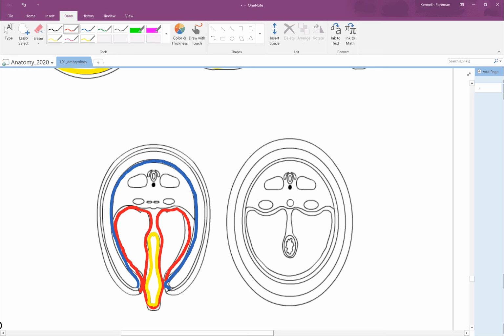So at some point here, this whole gut tube is going to migrate internally. The two ectoderms are going to come together and the two mesoderms are going to come together. The two somatopleuroid mesoderms. So what we end up having around the entire outside is our ectoderm.